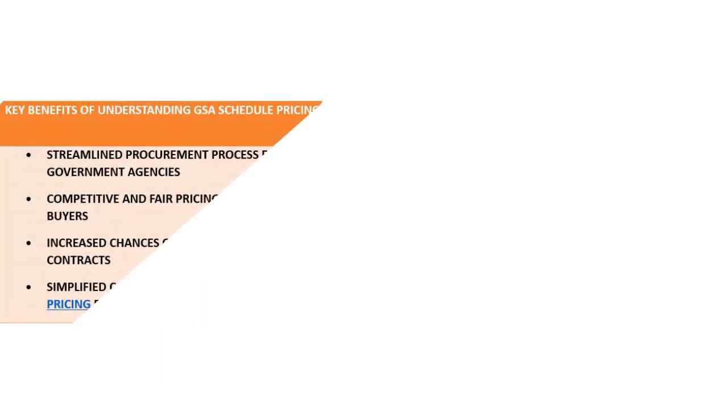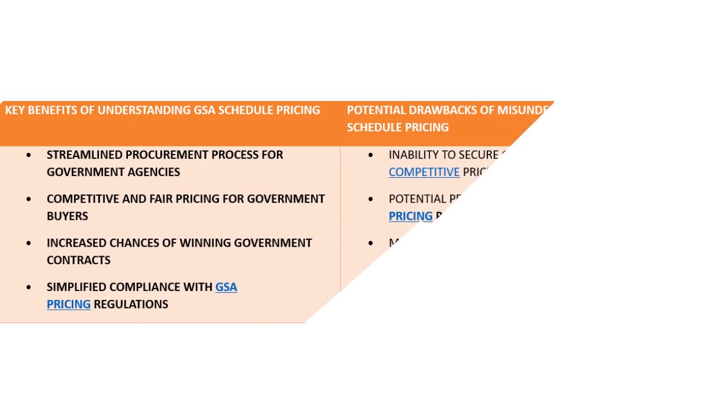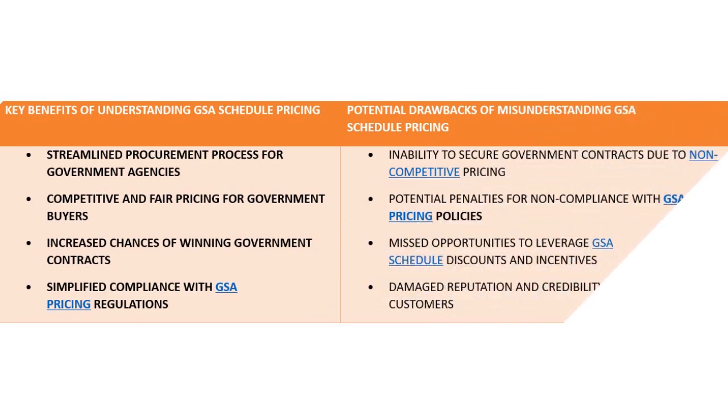Okay, so there are a lot of benefits. You have a streamlined procurement process for government agencies, competitive and fair pricing for government buyers, increased chances of winning government contracts, and simplified compliance with GSA pricing regulations.